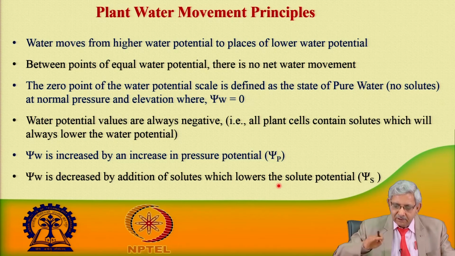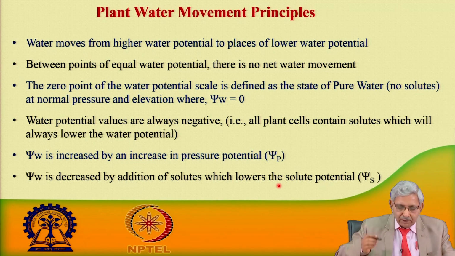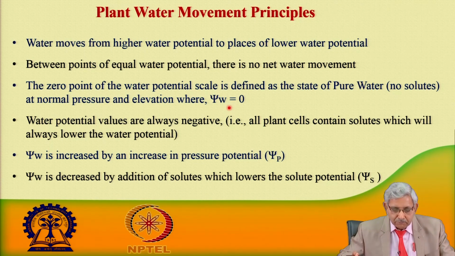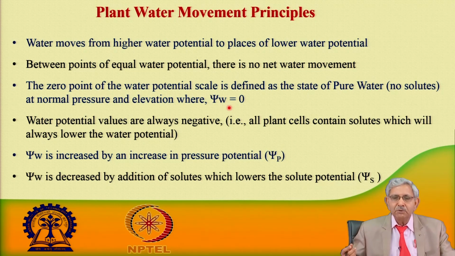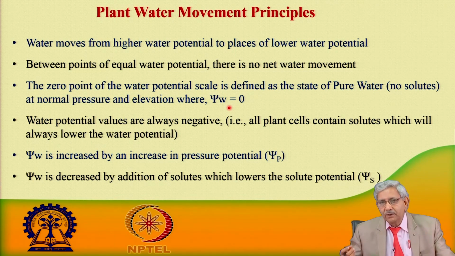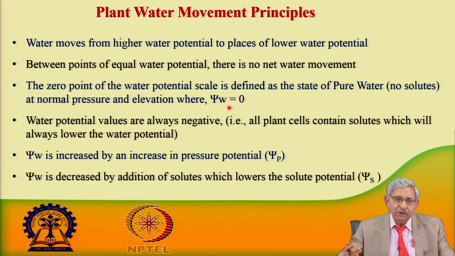For pure water, the water potential is 0. So, water potential value is always negative, because this negative value causes the gradient to flow. So, water will move from higher potential to lower potential.